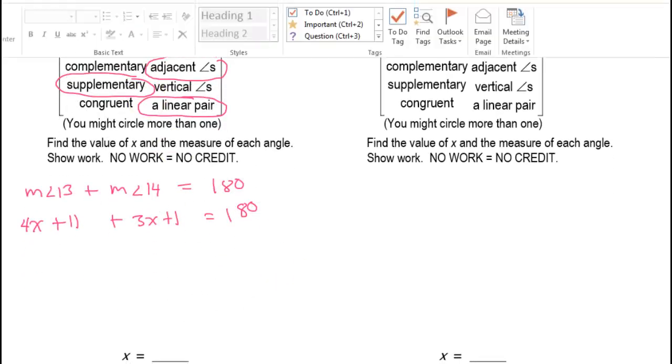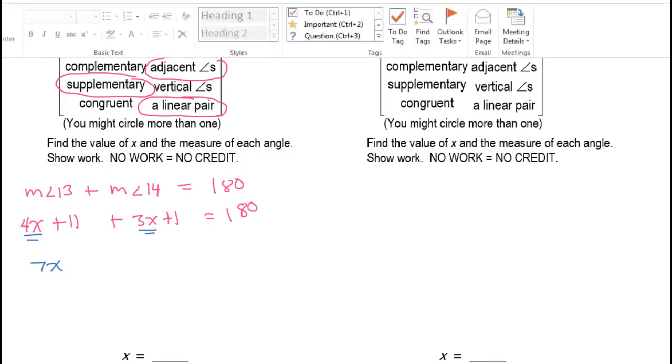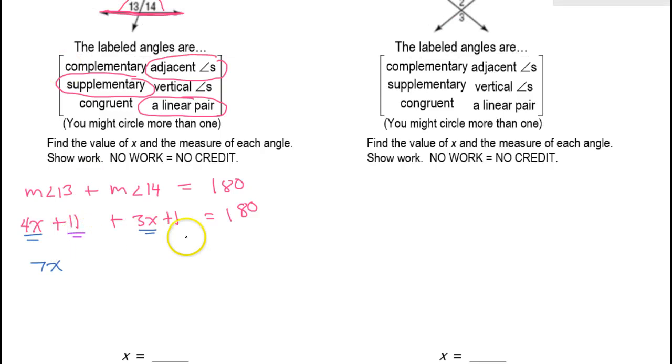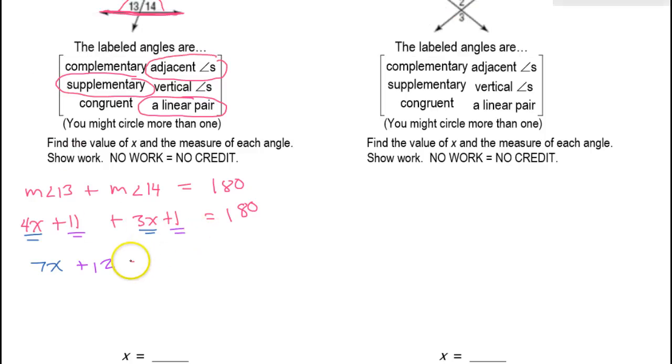So it is time to combine like terms. 4x and 3x give you 7x, and 11 and 1 give you 12. Then I'm just going to bring down the rest of the equation, equals 180.